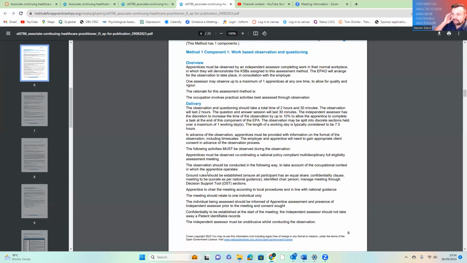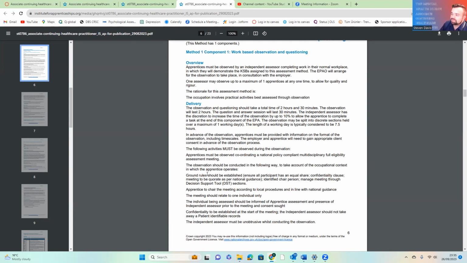So you get to plan this. You need to prepare it with the EPAO, the Endpoint Assessment Organisation. The observation will be 2 hours, and then 30 minutes for questioning.